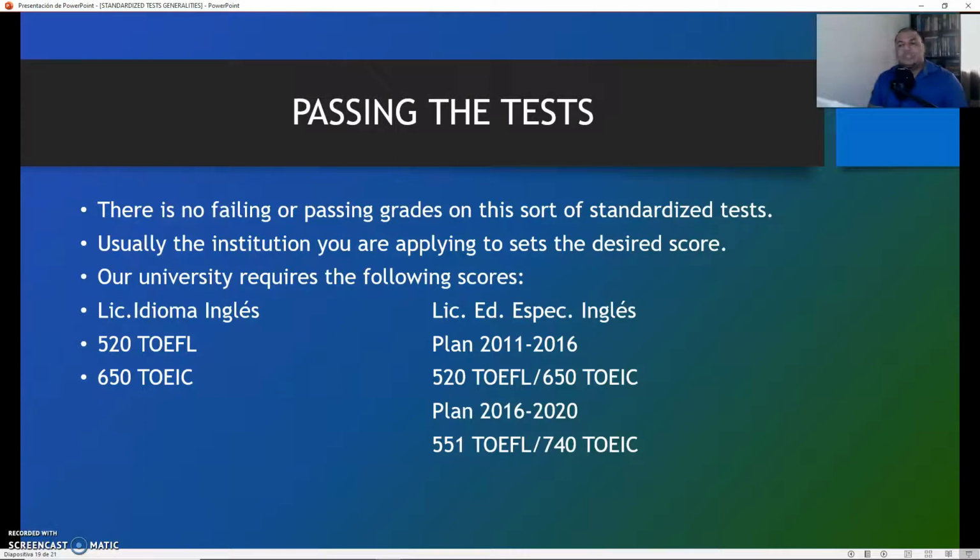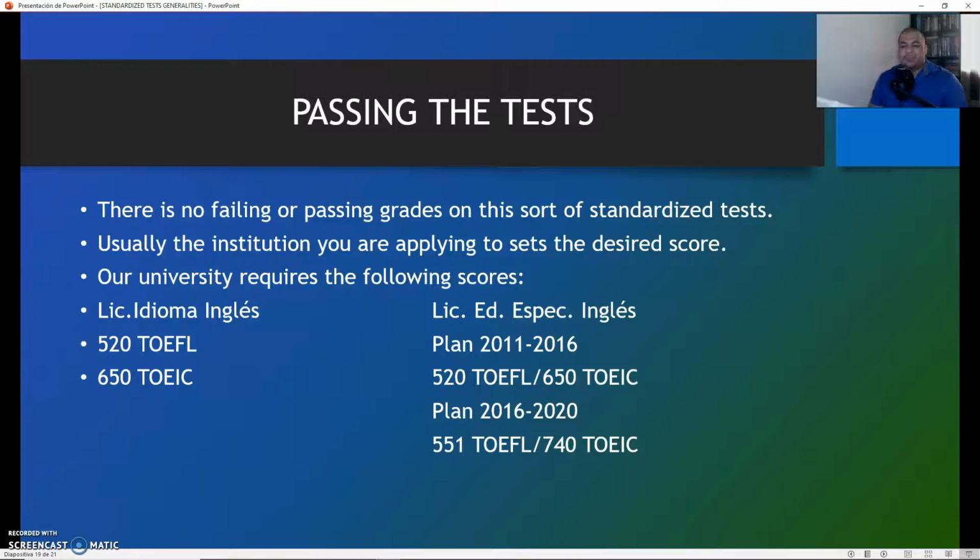The institution that you are applying to sets the desired score. In our case, for your particular case, Licenciatura en Idioma Inglés, we are asking 650 points in TOEIC or 520 points in TOEFL. We don't have a specific score set for IELTS because IELTS is not easily available in our country.